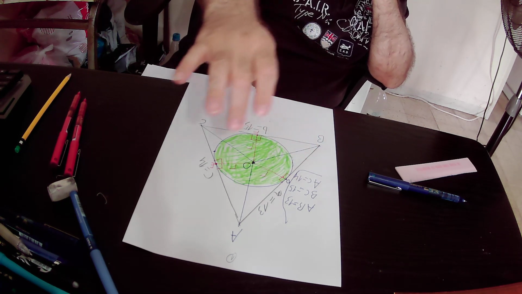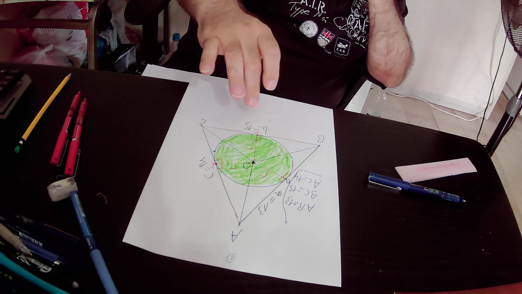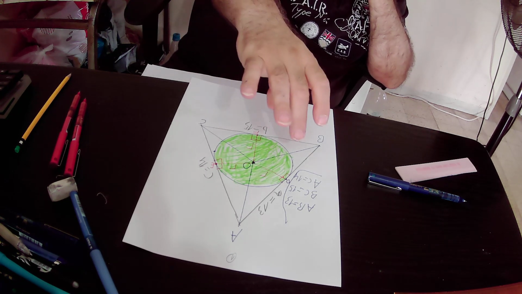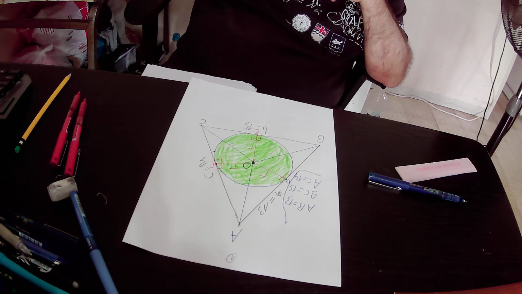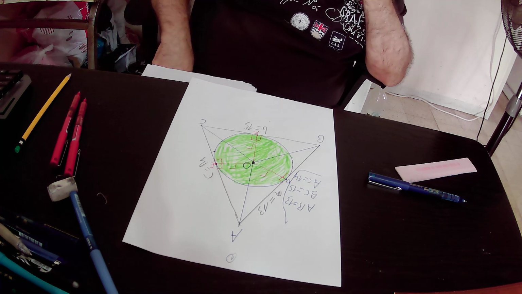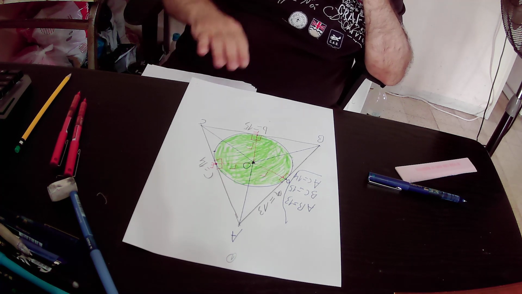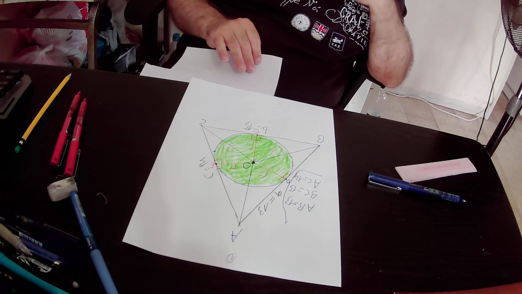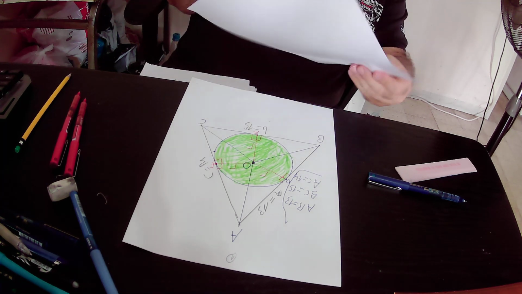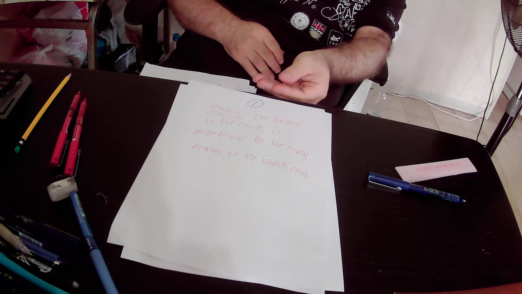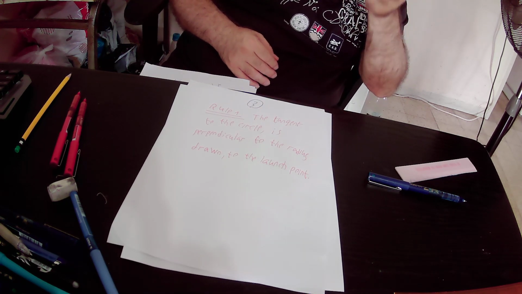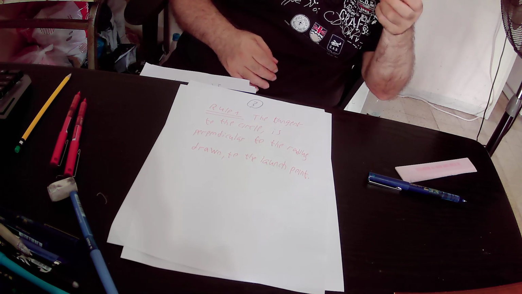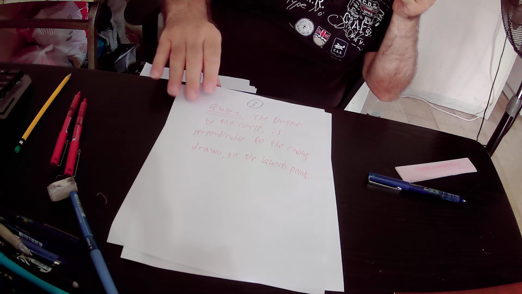Point D, point E, and point F are the launch points between the circle and its tangents. Okay? And we have a rule, I call it rule number 1. Rule number 1 states that the tangent to the circle is perpendicular to the radius that is drawn to the launch point.